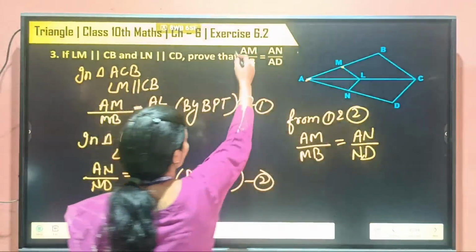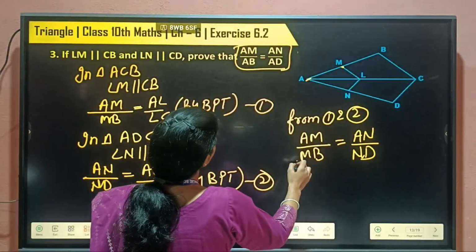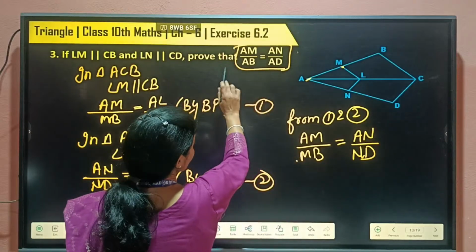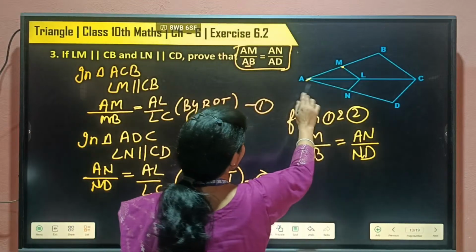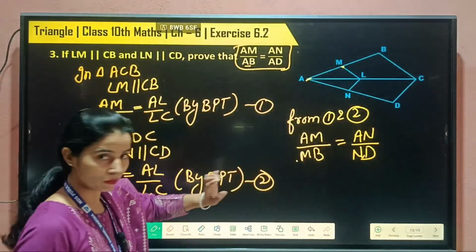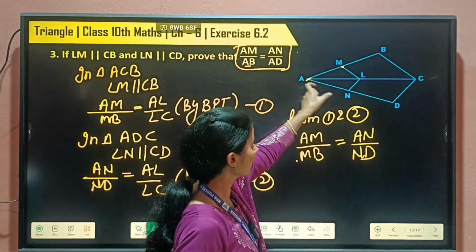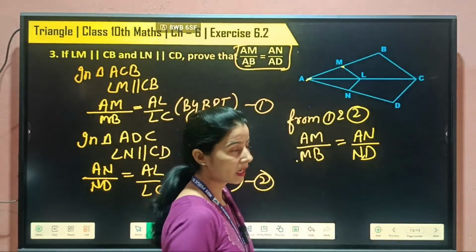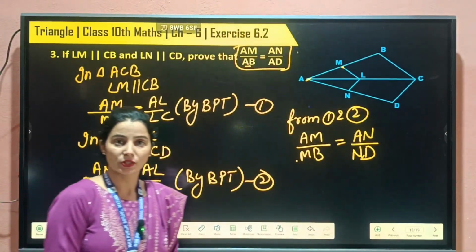And what was to prove? AM by AB and AN by AD. Let us see how we can prove. Proof is not completed. We got AM by MB and AN by ND. How we can prove this as a result we are using.